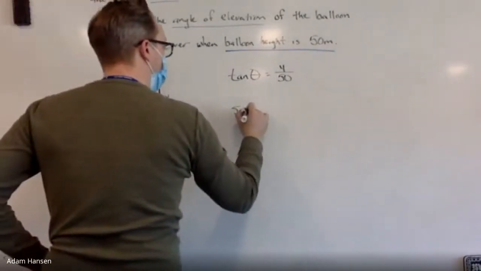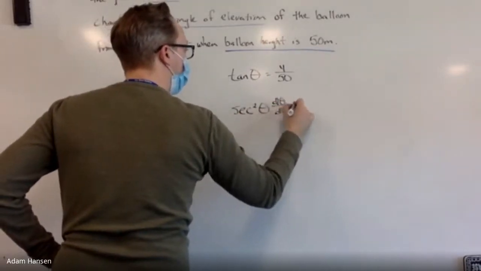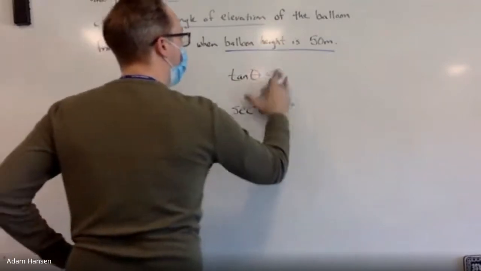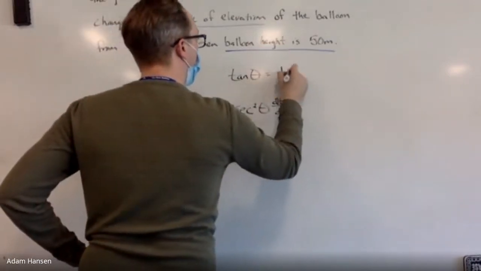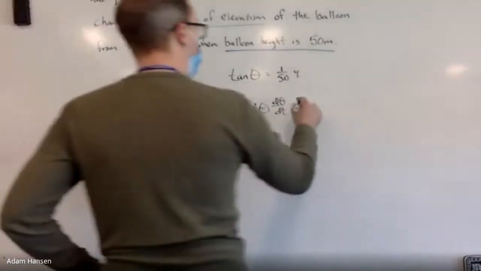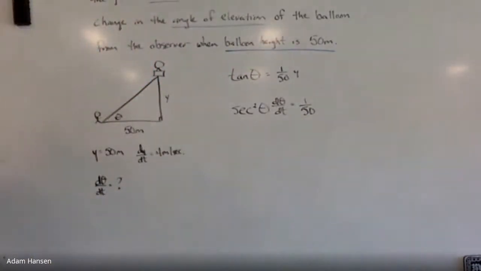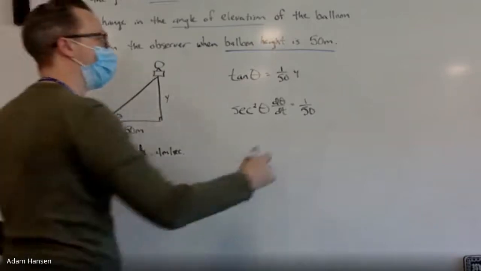I'm going to differentiate y over 50 with respect to time. But just so I don't have to use quotient rule, let's call that 1/50th y. What's the derivative of 1/50th times y? I'll bring down the 1/50th because it's just a constant. dy dt.